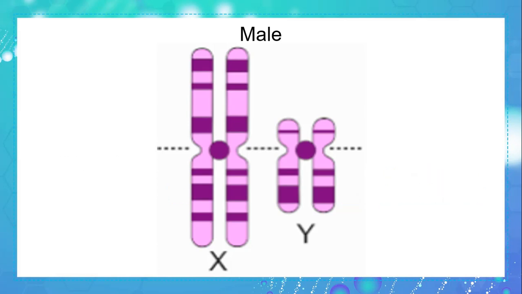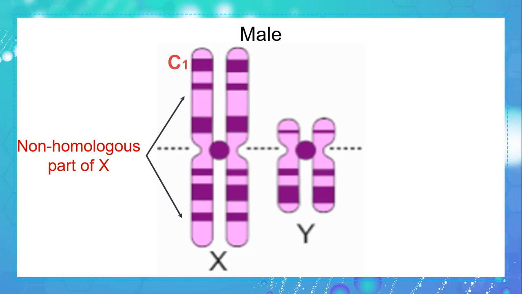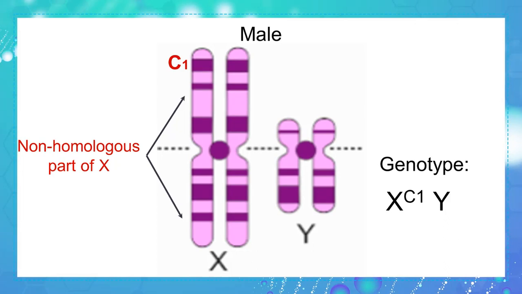But if the gene is located on the non-homologous part of the X chromosome, then the male would have only one allele for this gene, and the genotype of this male concerning this gene would be written as follows: XC1Y. You see, the Y chromosome doesn't carry any allele for this gene.